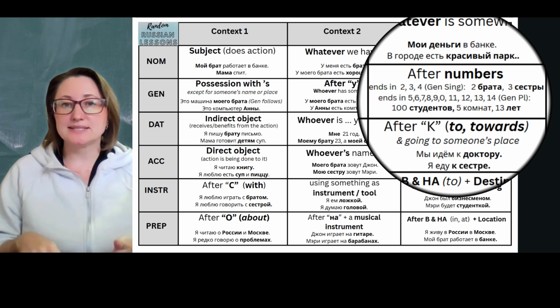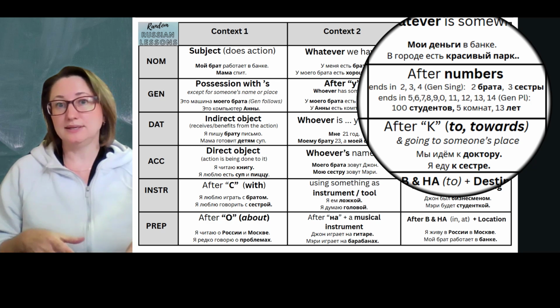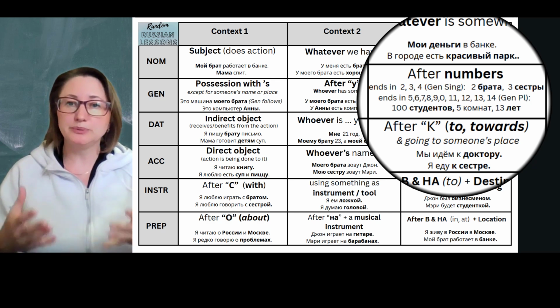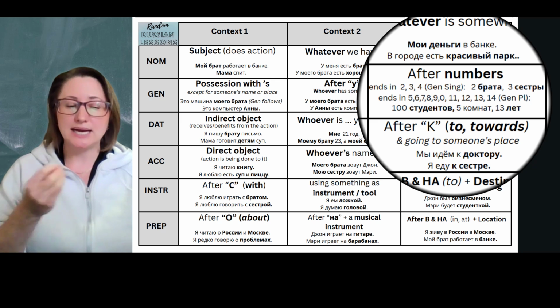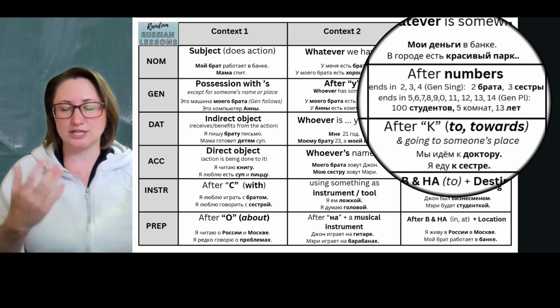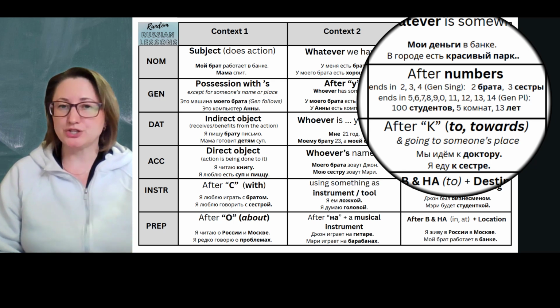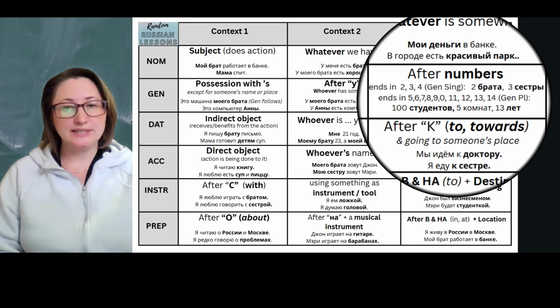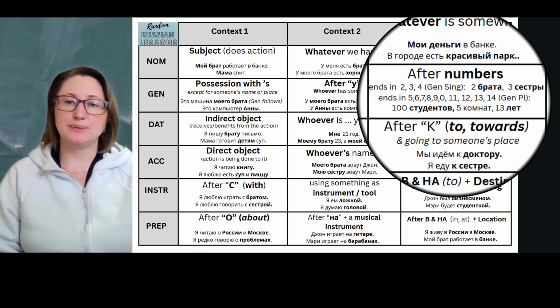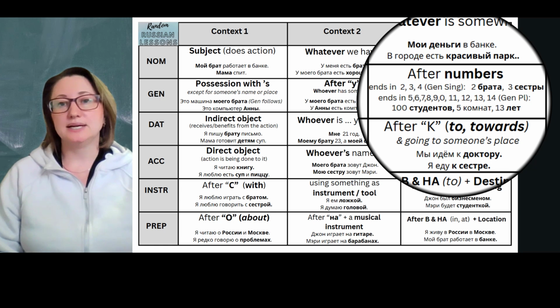But anything that ends in 5, 6, 7, 8, 9, 0, 11, 12, 13, 14 will be genitive plural, including 100. 100 will require genitive plural for students, so 100 студентов, because it ends in 0. 5 rooms, 5 комнат. 5 will require genitive plural. 13 years, 13 ends in 3, but it's 13. 13 follows genitive plural paradigm, so it will be 13 years, 13 лет.